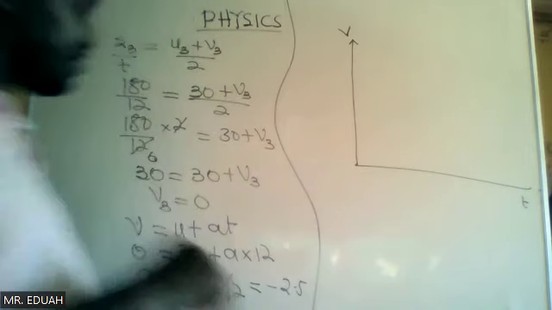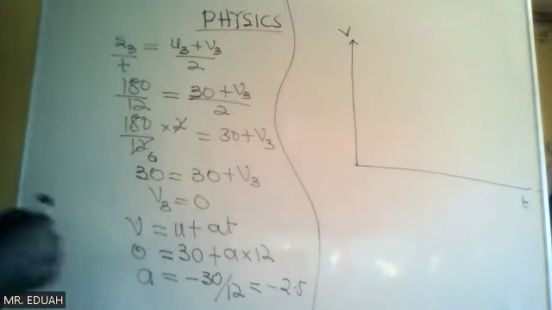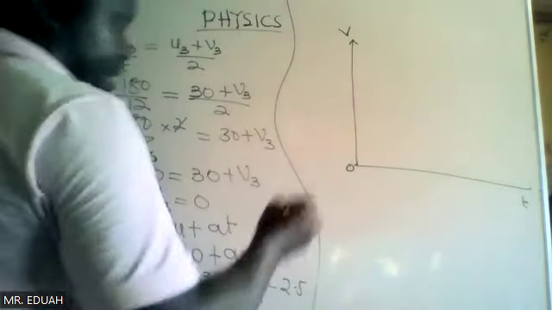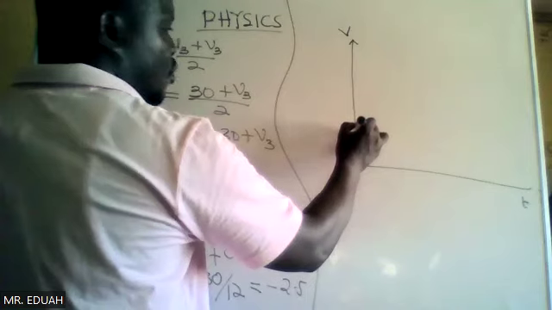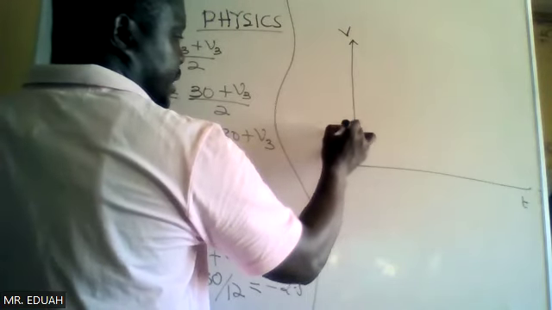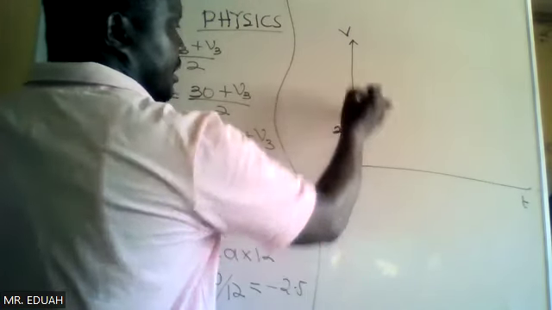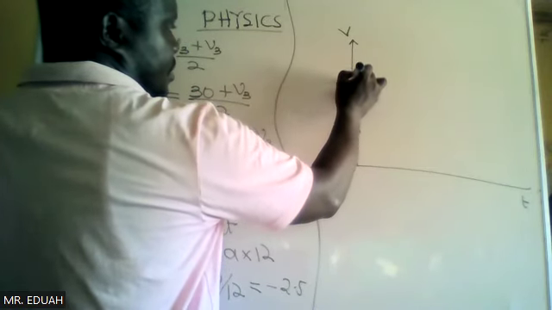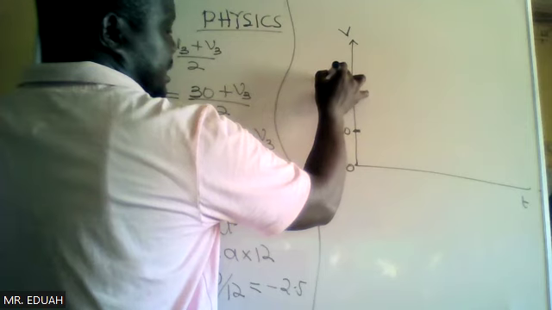So the motion starts from rest, 0, then V1 is 20, then we had V2, 30.